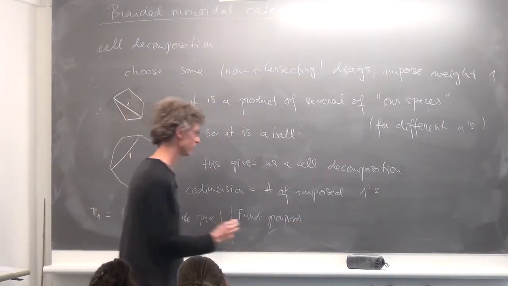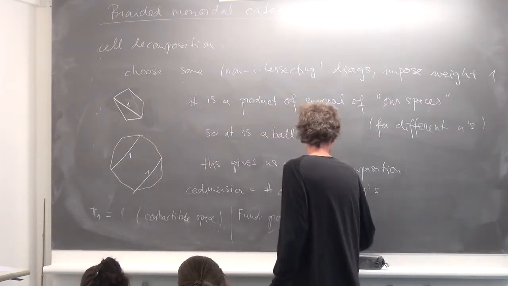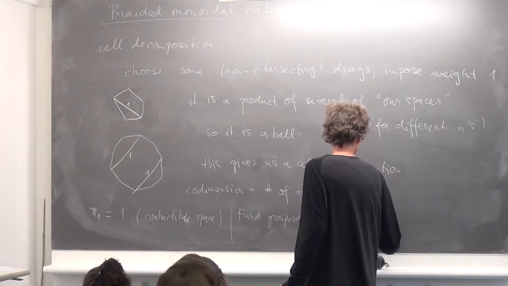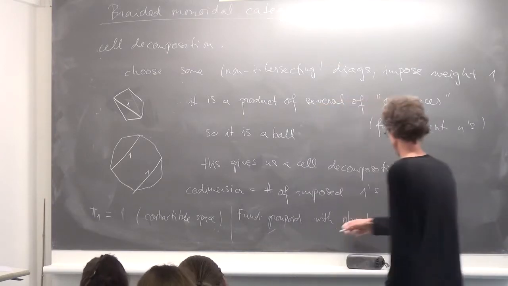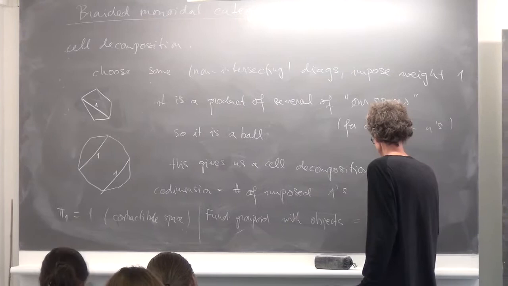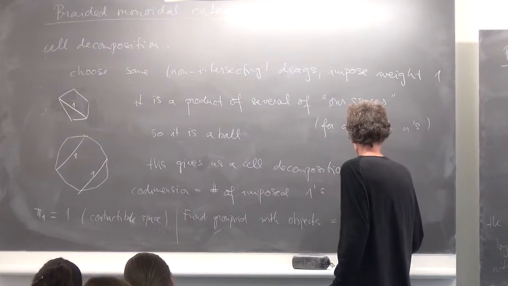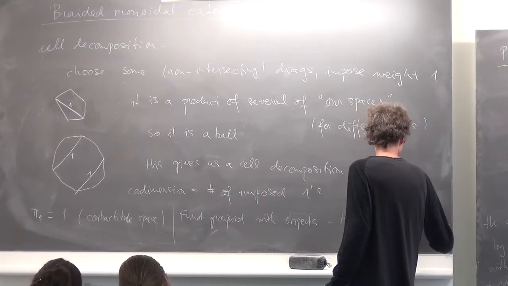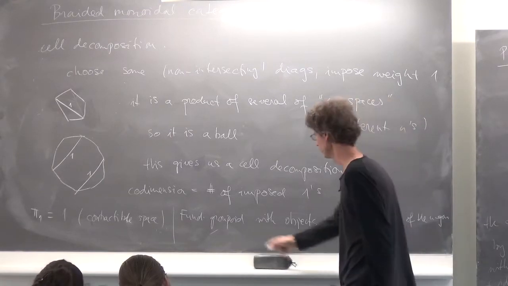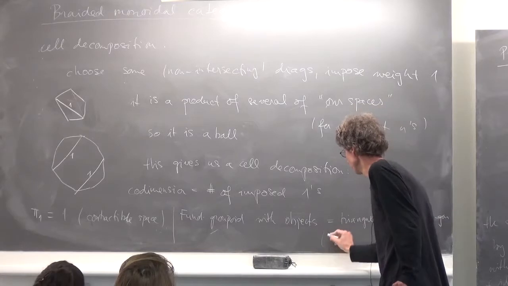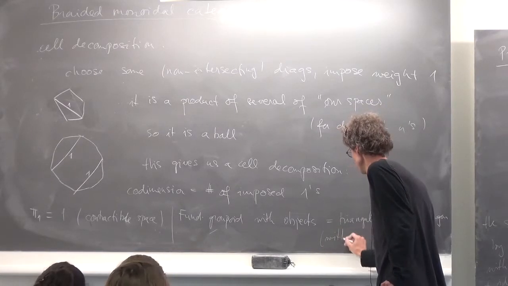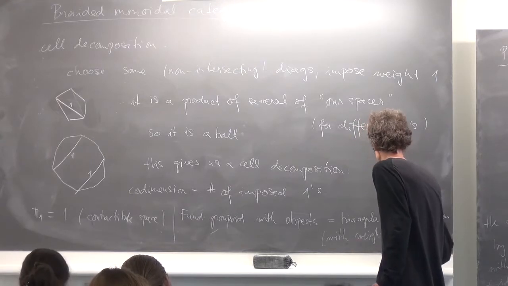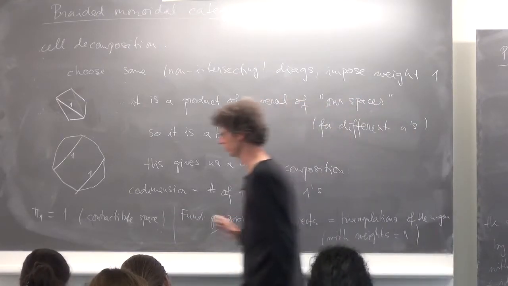With a base set where objects are just triangulations. Meaning that there are points in our space with weights equal to 1.